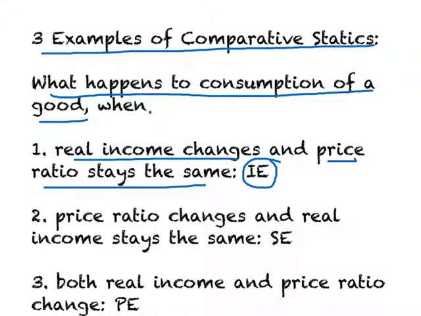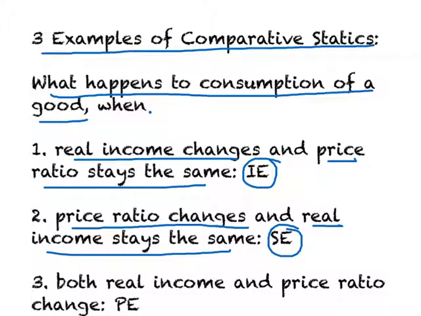Another question we answered is what happens to consumption of a good when price ratio changes and real income stays the same, and this is called the substitution effect. And the third case we examined is when both real income and price ratio change. What effect do we have? It's called the price effect.